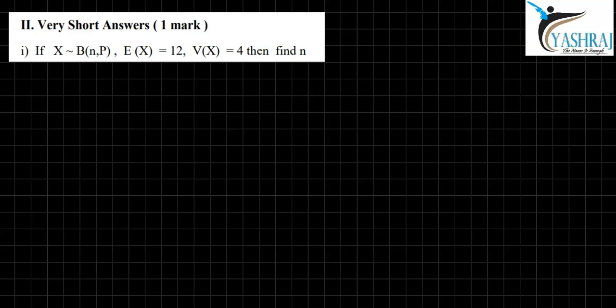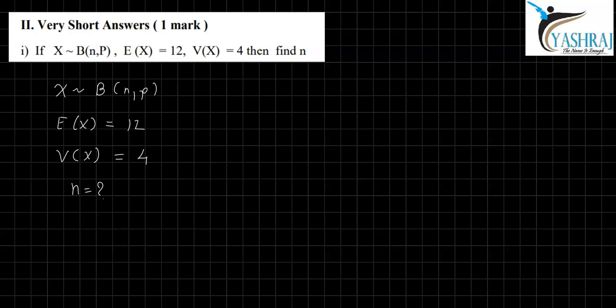Look at the next MCQ now. If X follows the binomial distribution of n comma p, where n is the number of trials, p is the probability of success, and we have given expected mean of random variable capital X becomes 12 and variance of a random variable capital X is 4, then find the value of n.